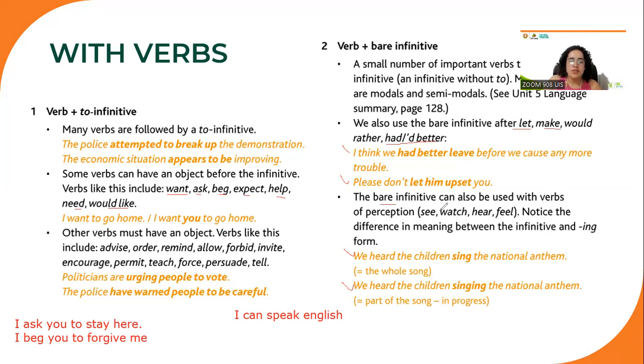So we use these verbs also without a preposition. So we cannot say, I hear her to speak. No. I say, I hear her speak. Okay, la oigo hablar. I hear her speak.